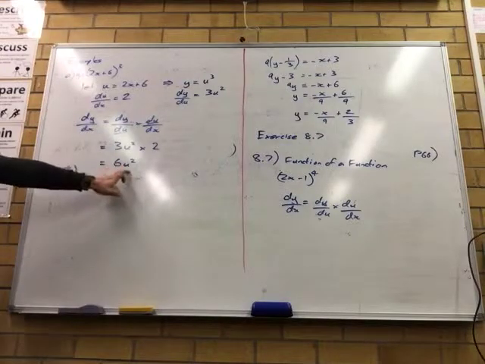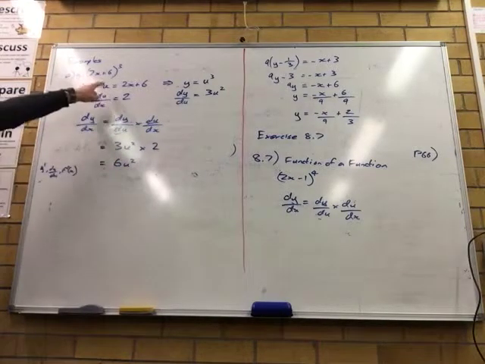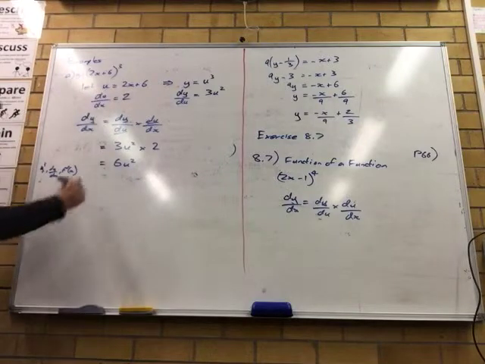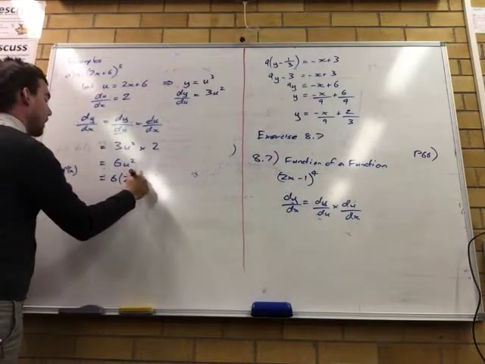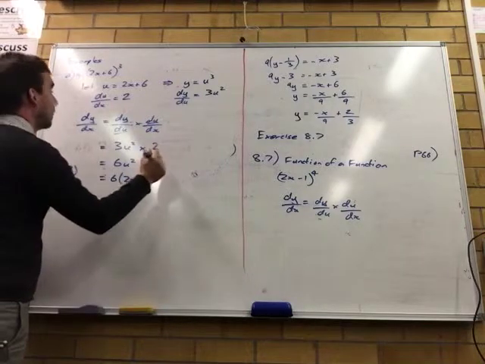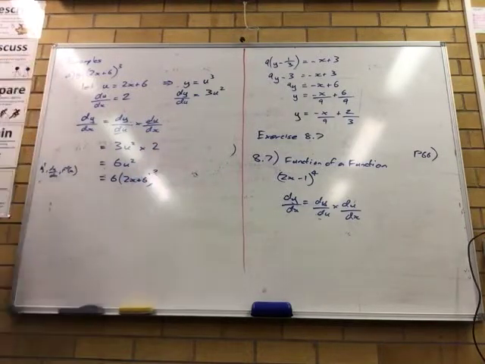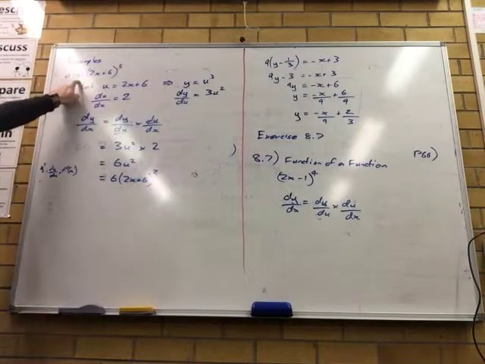And I made a substitution for u, so I'm going to put the value of x back into it. That equals 6 times (2x + 6) squared. And that's how we differentiate, and that is the derivative function for that.